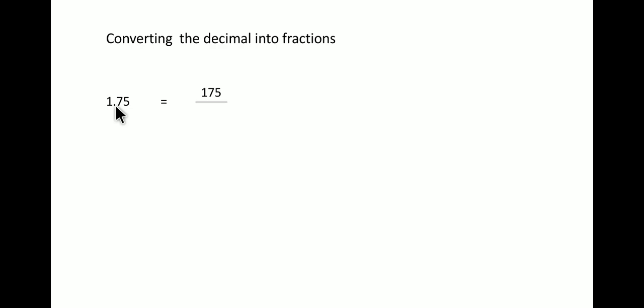So we'll replace this decimal point with 1, and since there are 2 digits after the decimal, we'll write 2 zeros in the denominator. So that will be 100. So 1.75 is equal to 175 by 1 and 2 zeros, because 2 digits have to be replaced by 2 zeros.